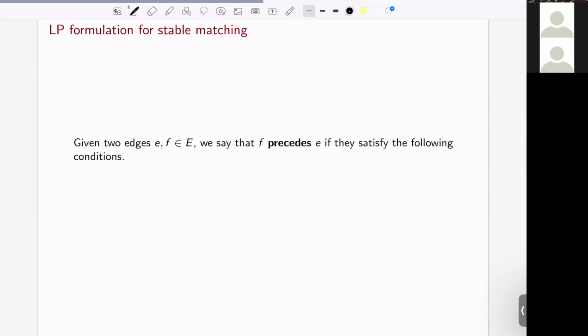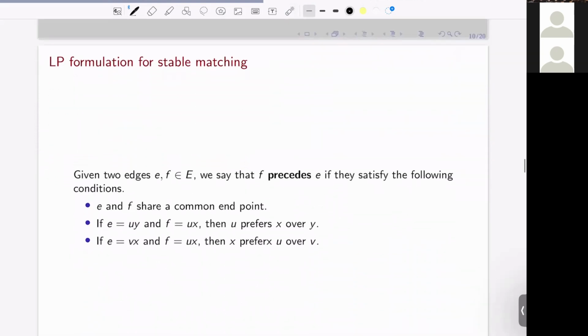Okay. So let's say that I have two edges, E and F. I'm going to say that F precedes E if these two edges satisfy the following condition. There are two situations.